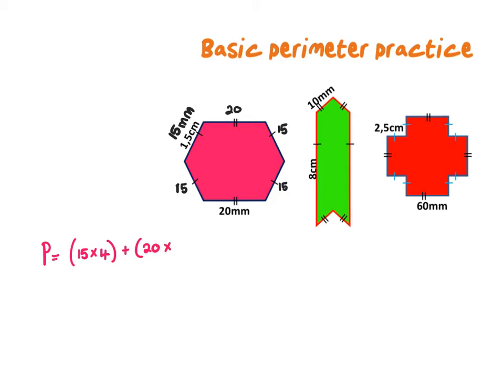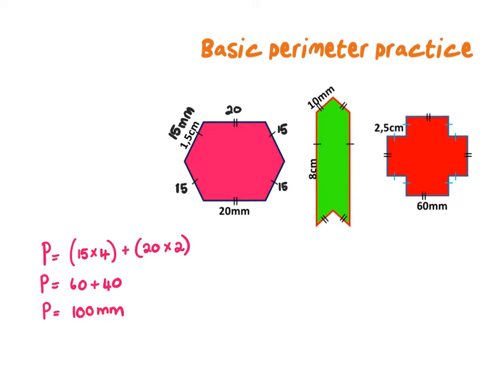You're also welcome to write out all the 15s and the 20s, but writing it like this is just a teeny tiny bit shorter. When doing this, I will get 60 plus 40, meaning that the perimeter of this first shape is 100 millimeters.